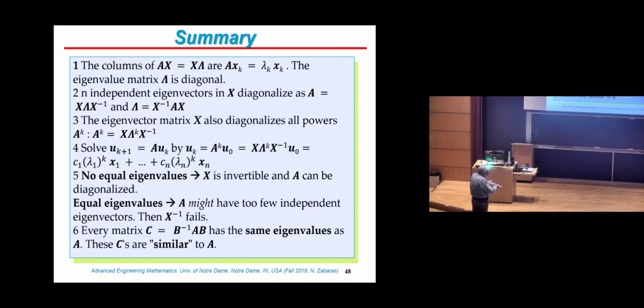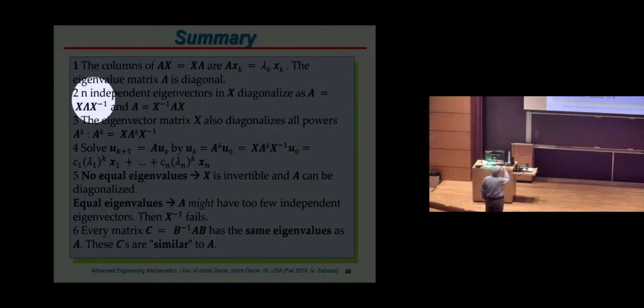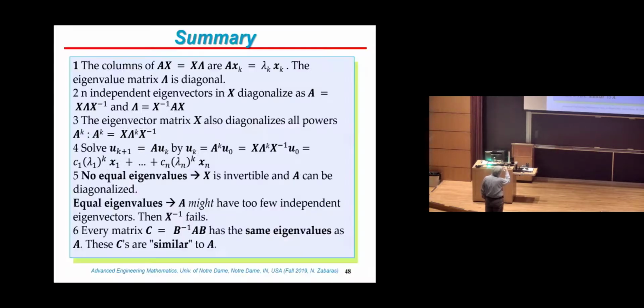You move forward in time by operating, in this case, with some matrix. The question is, can you do this calculation using this eigenexpansion, that A is X lambda X minus 1, to calculate how this sequence will look? And the answer is yes, very simple.